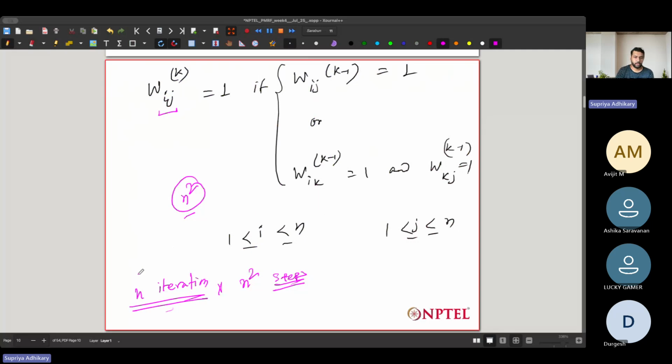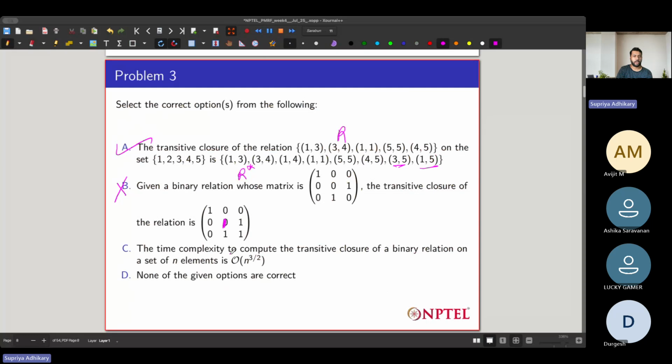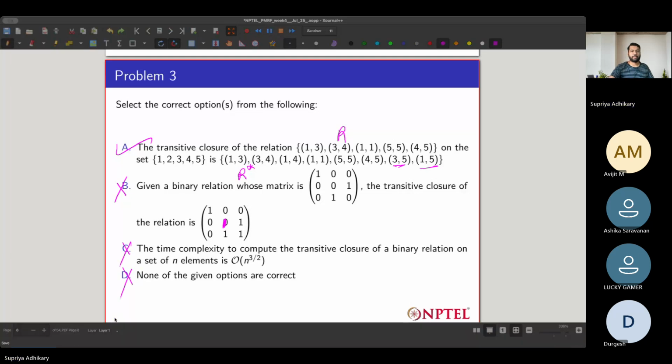So therefore, the total number of steps is n cube, that is, order n cube. The algorithm runs in order n cube rather than order n to the 3 over 2. So this is not true. And none of the given options are correct, so this is also definitely not true.